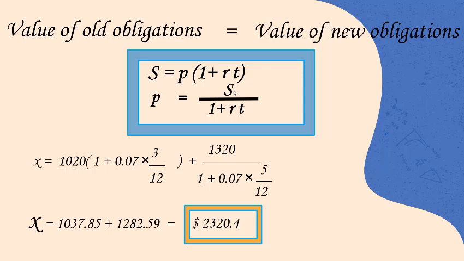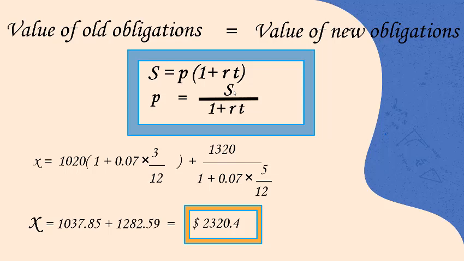X equals 1020 times (1 + 7% times 3/12) plus 1320 over (1 + 7% times 5/12).